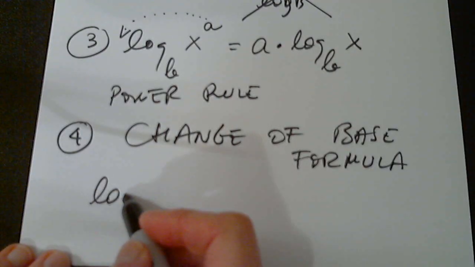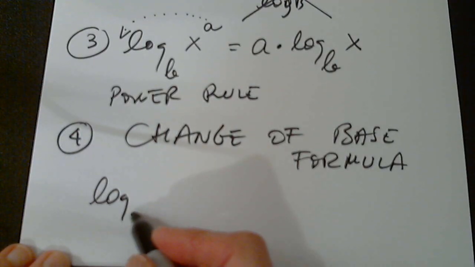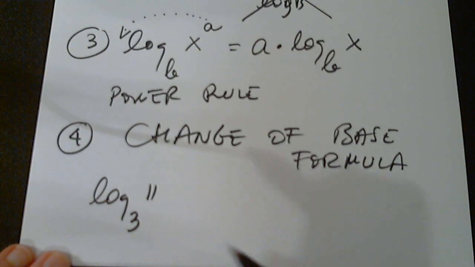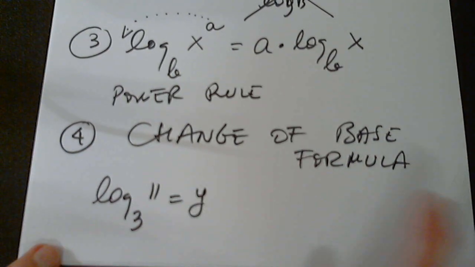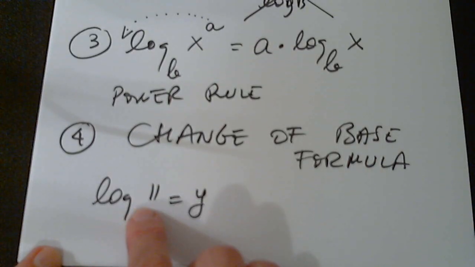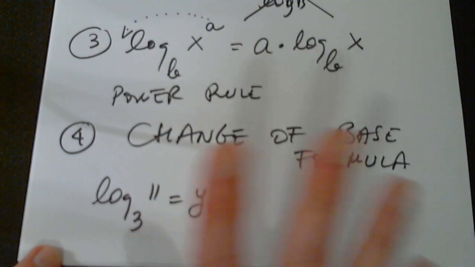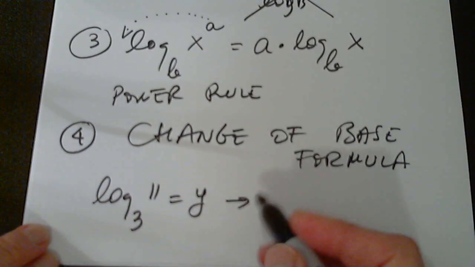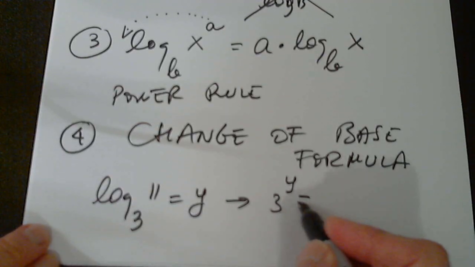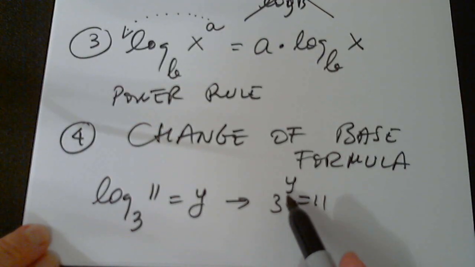Let's say I have log base 3 of 11. I don't know what this is. I don't know what I raised 3 to get 11. So again, this is like 3 raised to y equals 11. Do I know what this is?